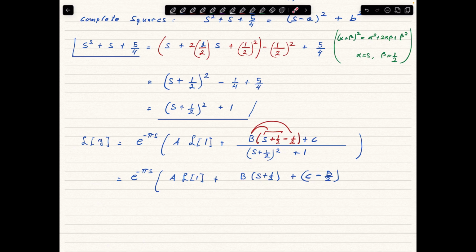You see where the minus b over 2 comes from here. Here is the negative sign. And everything is divided by s plus 1/2 square plus 1. And now this fraction, I'm going to split it exactly here. Split.